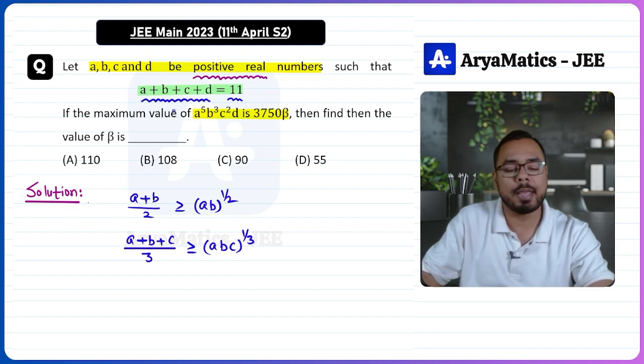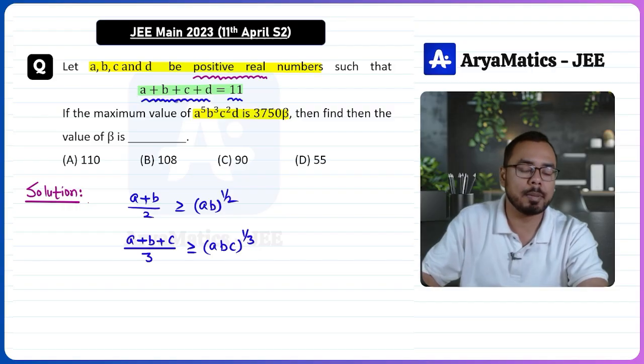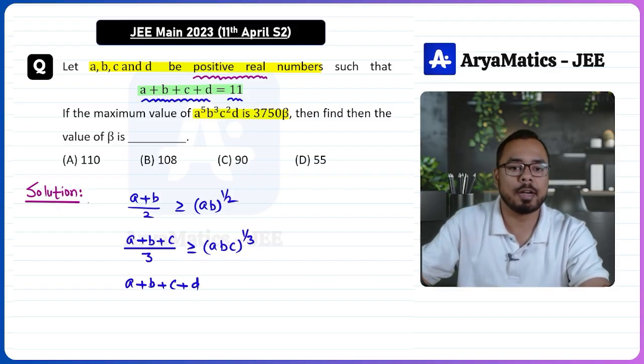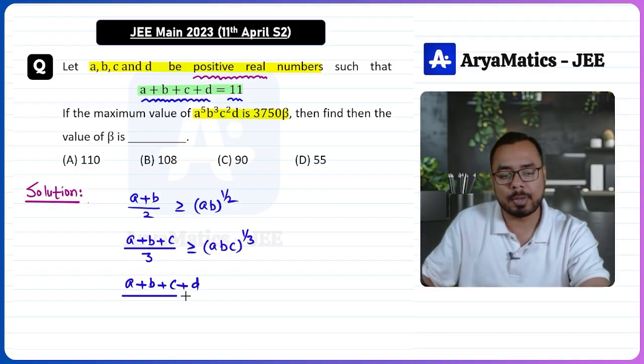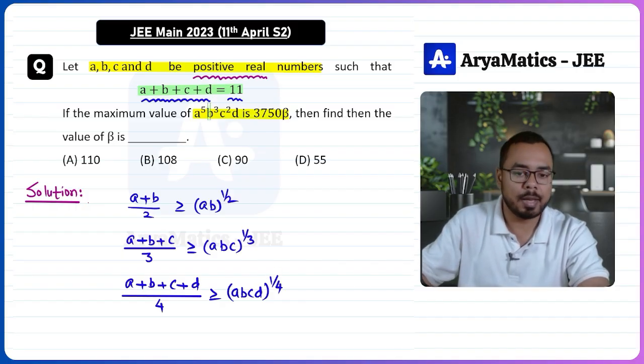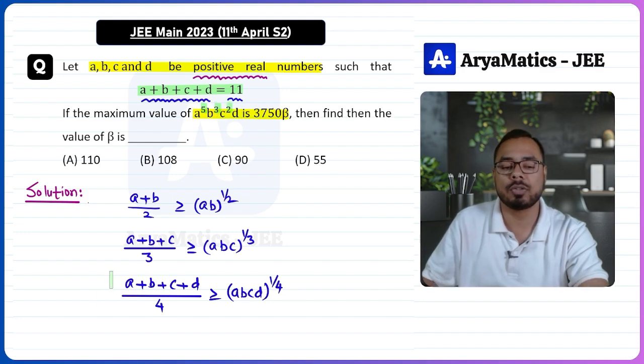If I apply the AM-GM inequality on these four numbers, then we are going to get A plus B plus C plus D, divided by 4, and on the right hand side we'll get the product of these numbers raised to 1 by 4. But remember, in the product that we have to create, we have A raised to 5, then B cube, C square, and then D raised to 1.